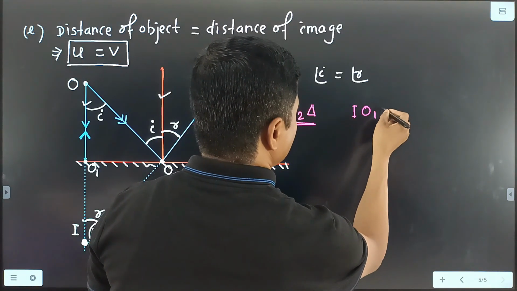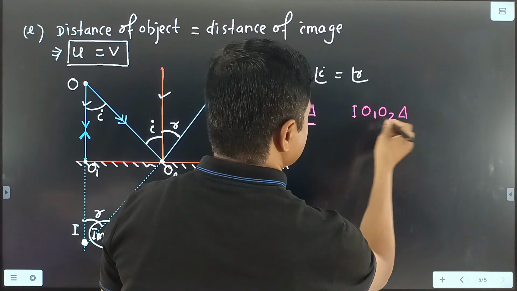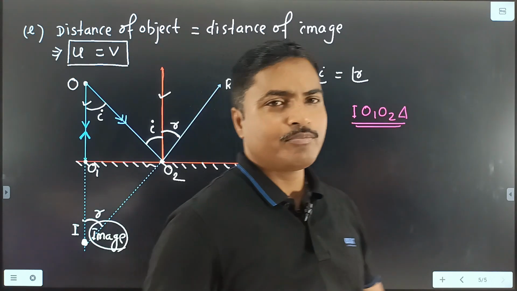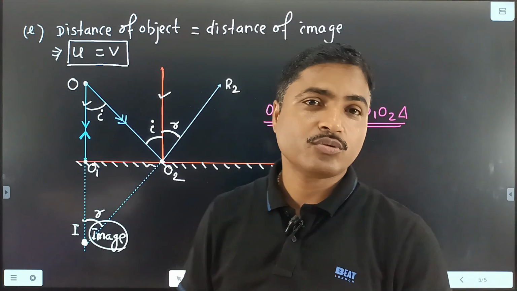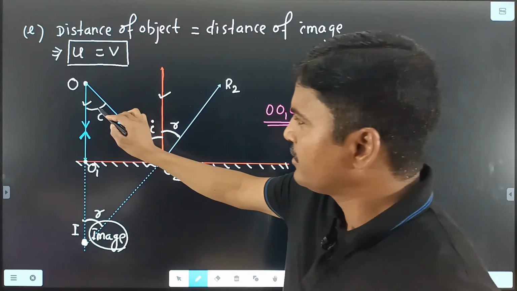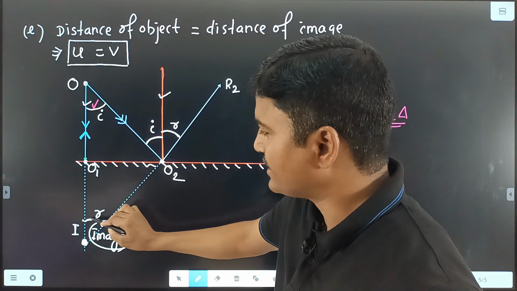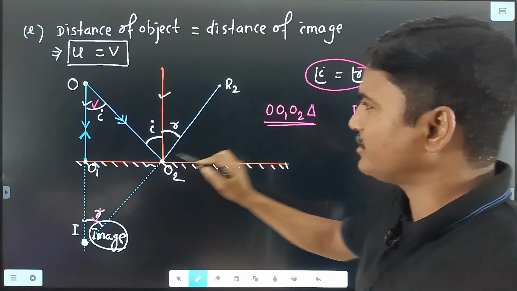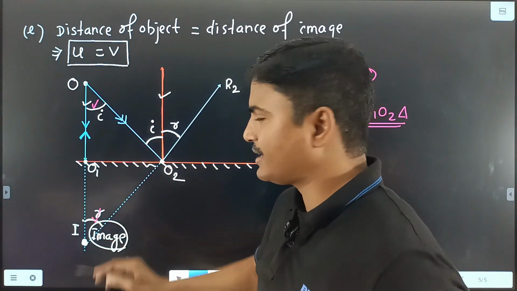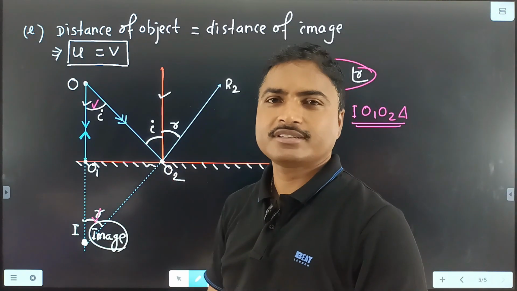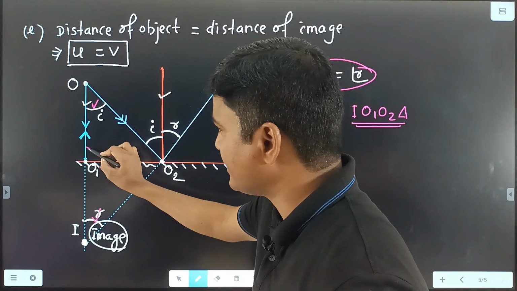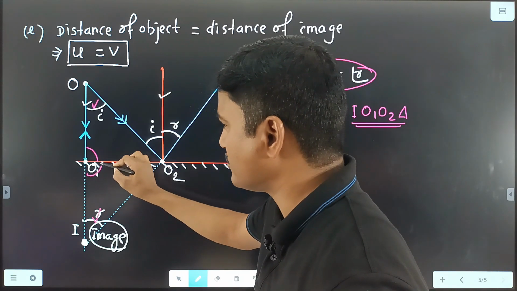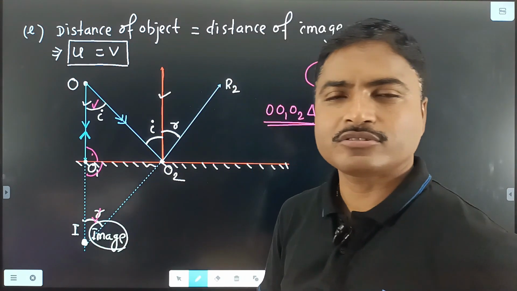And we compare these two triangles. Look at the figure. This angle is I, this angle is R, and from the laws of reflection, these two angles are the same. Similarly, this angle is 90 degrees, this angle is also 90 degrees, so these two angles are also the same.